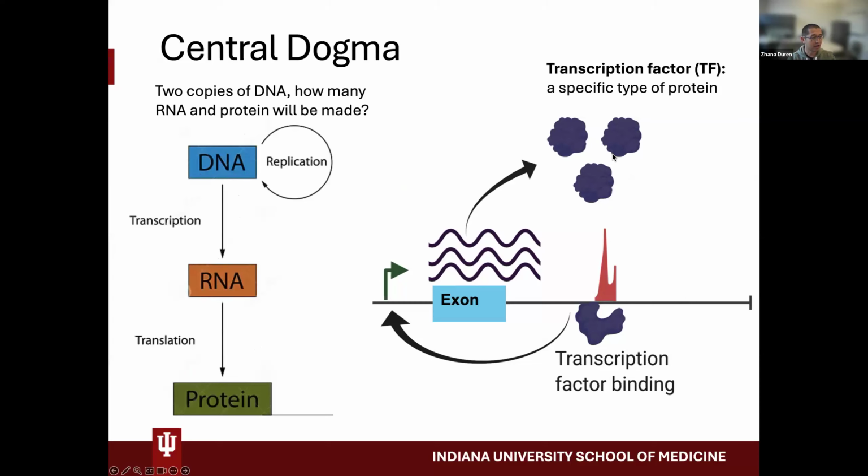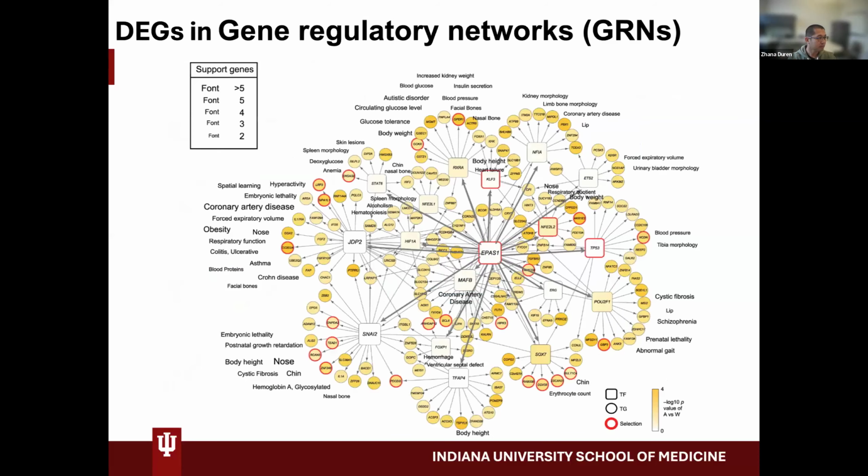They have a DNA binding domain. They bind to the DNA and regulate gene expression. So for those transcription factors, we say this regulates the gene here. And we have many of these transcription factors, and many genes also regulate other genes. So it will form a network.